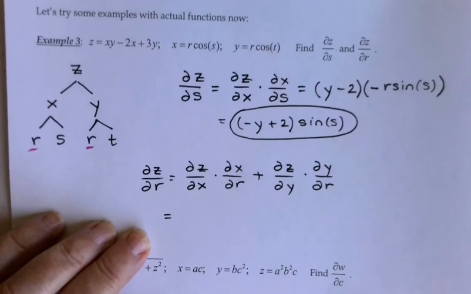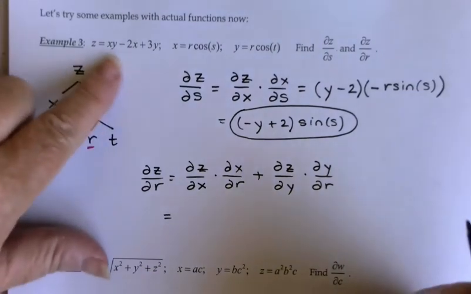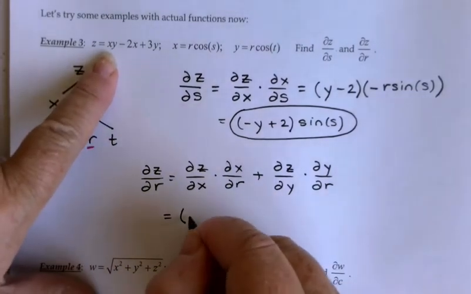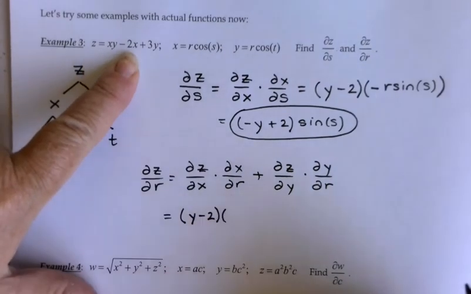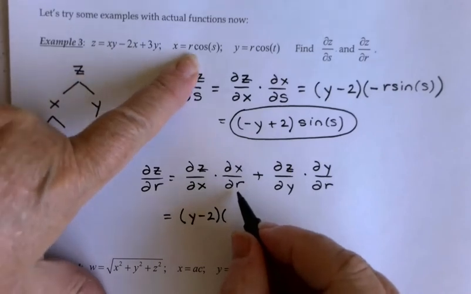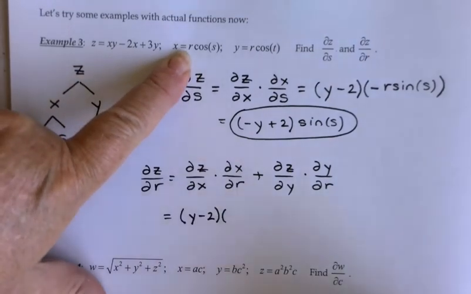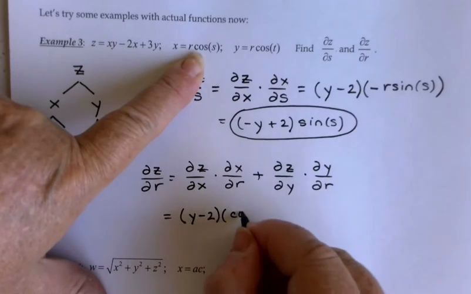So let's see, what have we got? Partial of z with respect to x, we actually already did that one once. That would be y minus 2. And then x with respect to r, the derivative of the r is just 1. Cosine s is a constant.